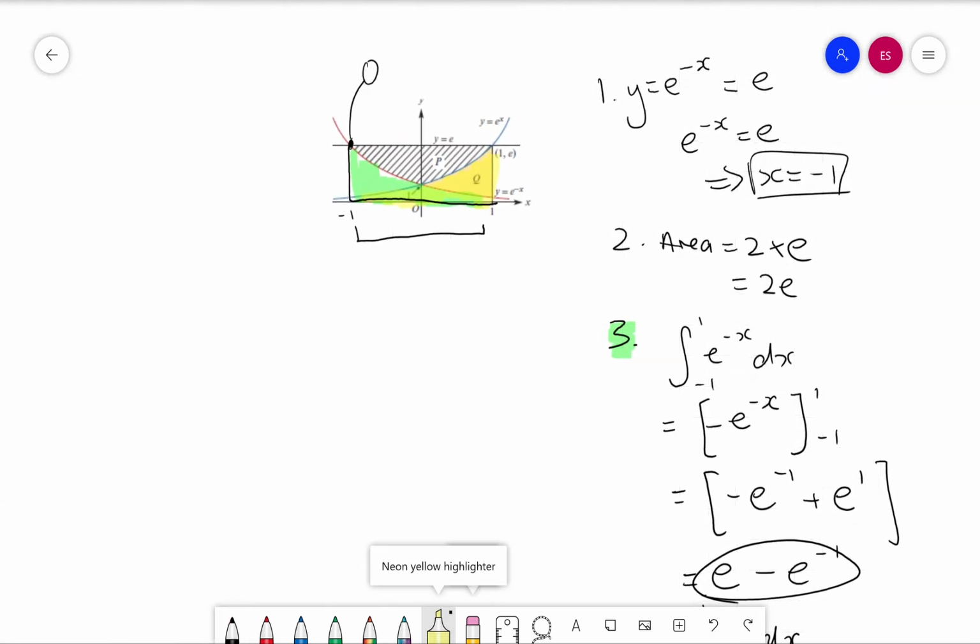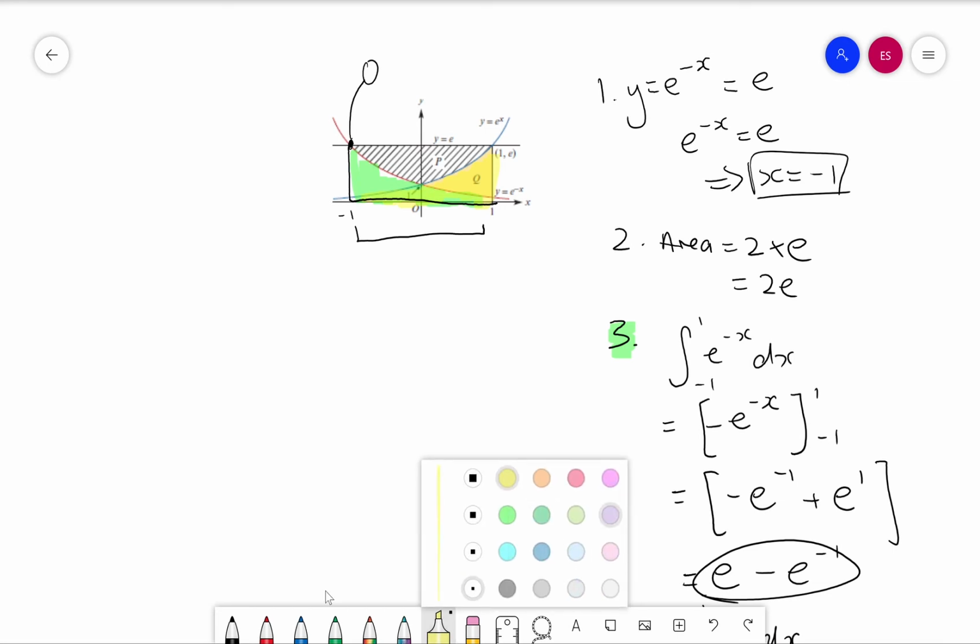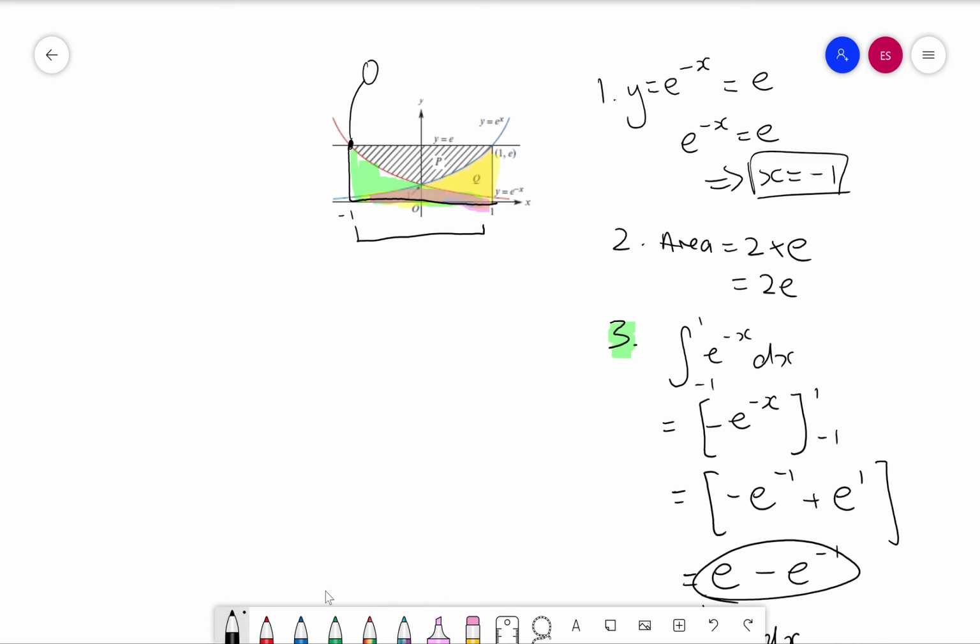But the one thing we also need to consider is that there is some crossover. So this bit here is double counted. So how we figure out what that area is, well, we can just do two things.